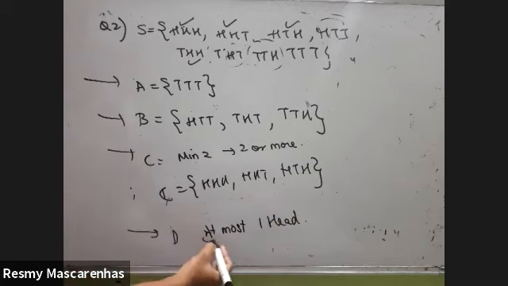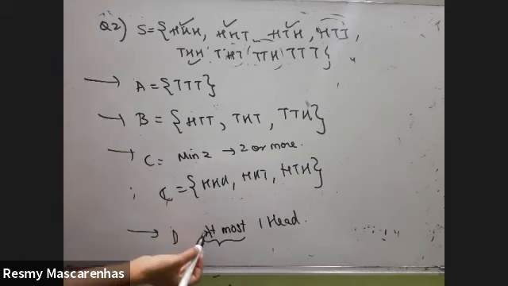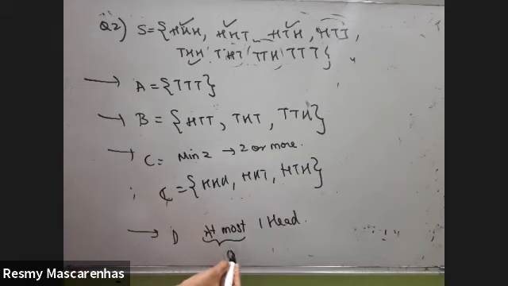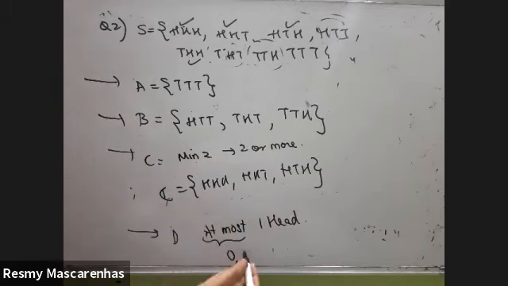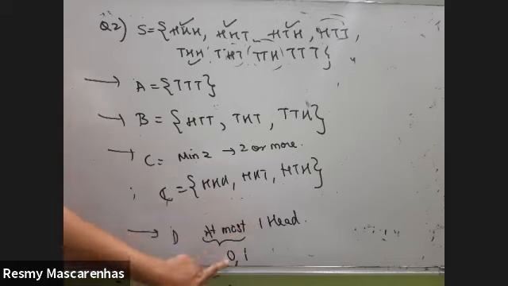Whenever I said at the most you can carry something, some luggage at the airport, it doesn't mean that if you take 0, it will be thrown out. You can even take 0. So whenever the word at the most is there, you have to always start with 0 and go on increasing. At the most one head means 0 or 1. So it should be less than or equal to 1. 0 is also less than 1.